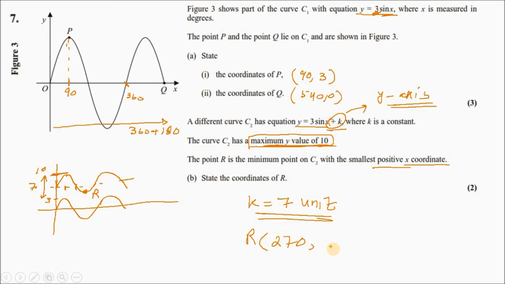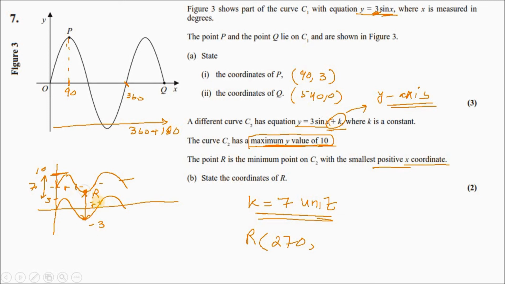Now, what do you think? What should be the y value? You see that the curve has shifted 7 units above. So this point was minus 3, and now it is shifting 7 units above.